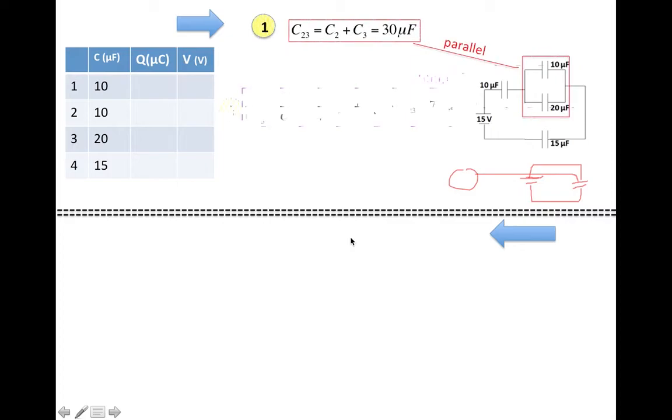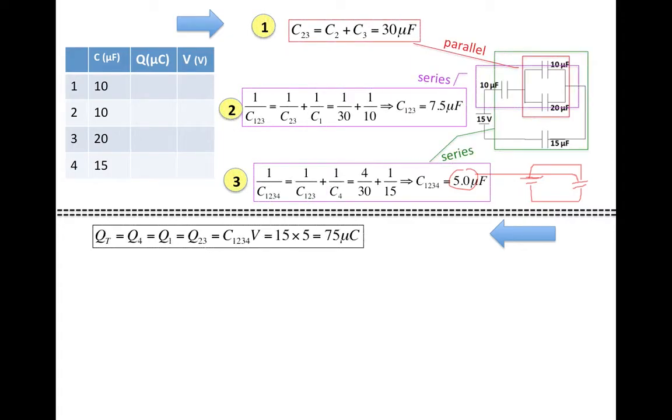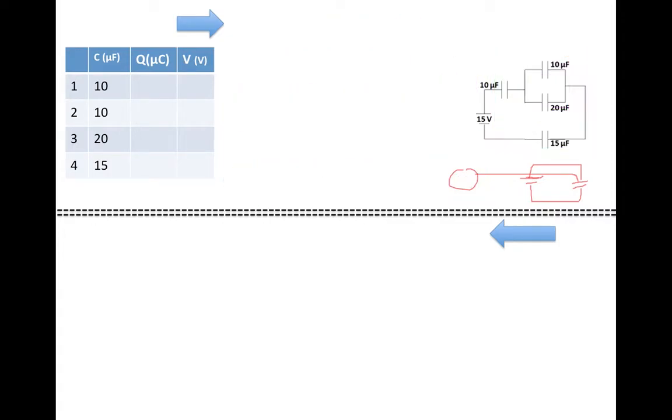Now, wait. There are two things that I have to keep in mind here. One of them is that when capacitors are connected in parallel, the voltage across the two capacitors or the three capacitors that are connected in parallel is the same. When the capacitors are connected in series, the charge on all capacitors is the same.